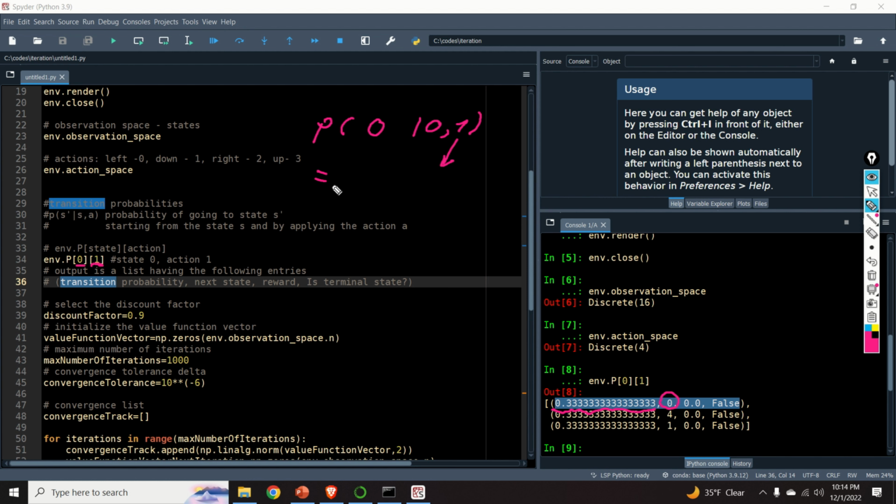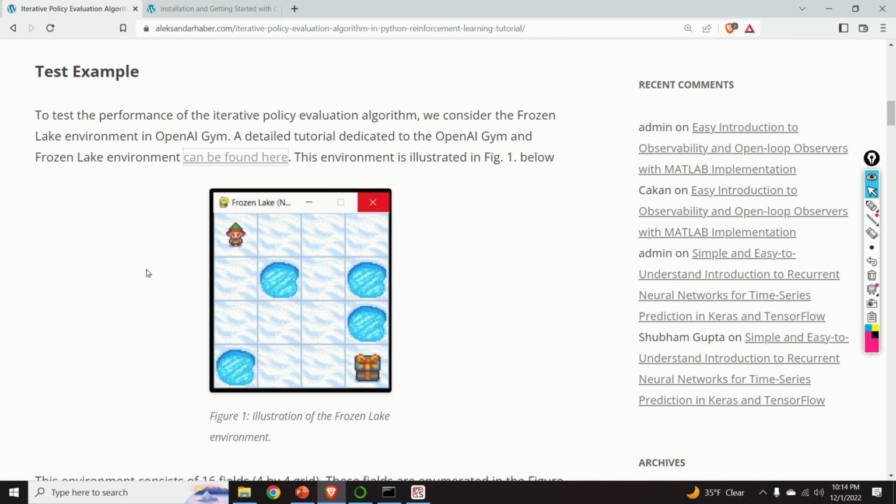This probability is equal to 0.33, so there is a chance of 1 over 3 of staying in state 0 if we were in state 0 and if we apply the action down.